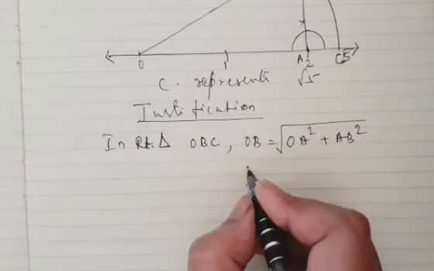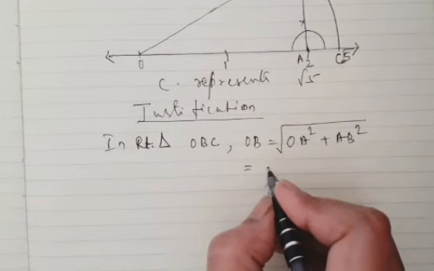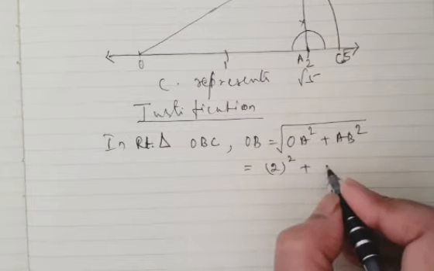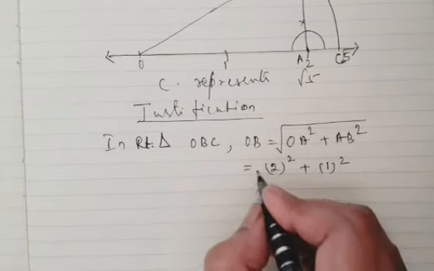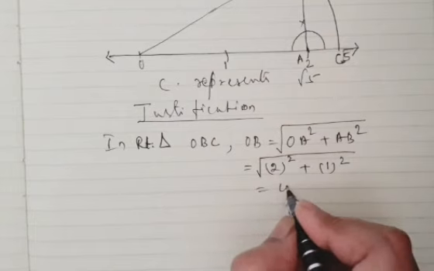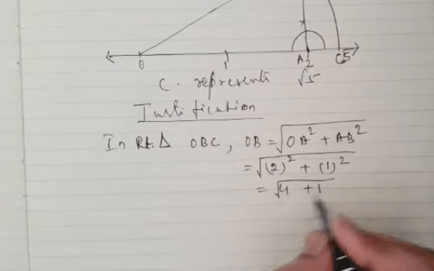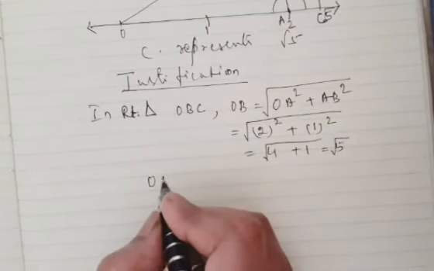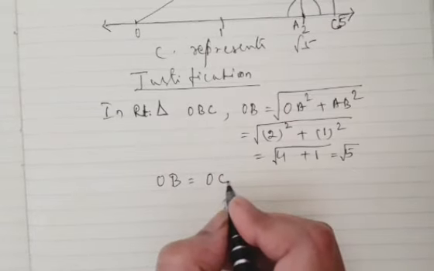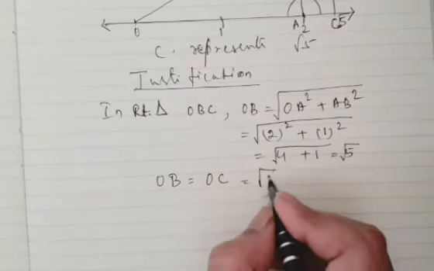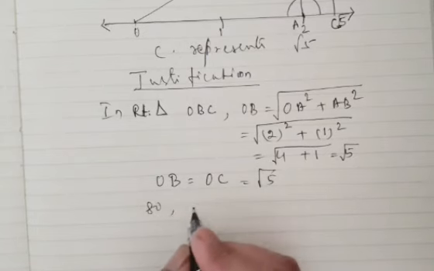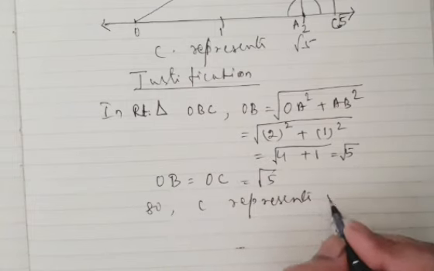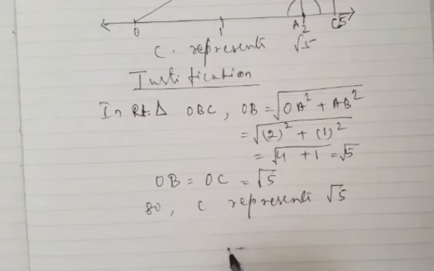That is equal to, OA equal to 2 units as per our construction, AB 1 unit, already we have taken that, so the square root of 4 plus 1, that is root 5. Then you write OB is equal to OC equal to root 5. So C represents root 5, the irrational number root 5.